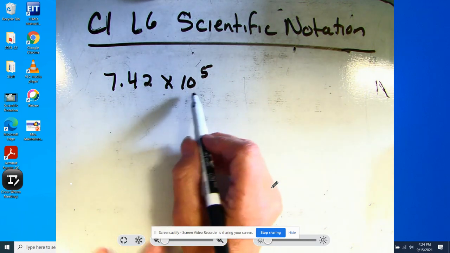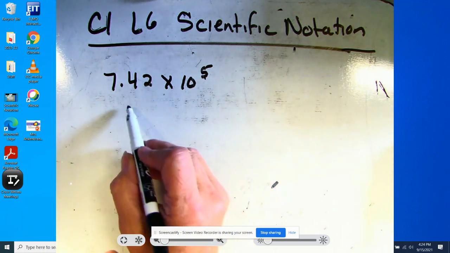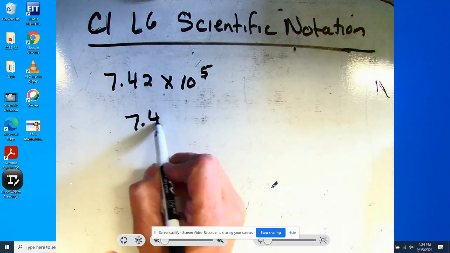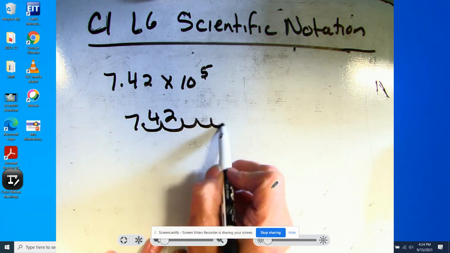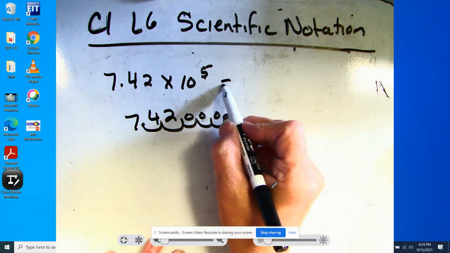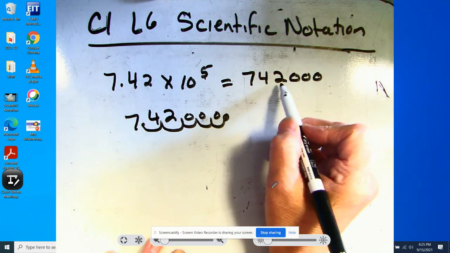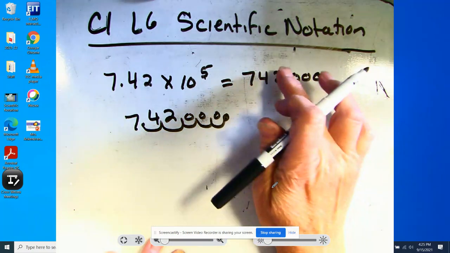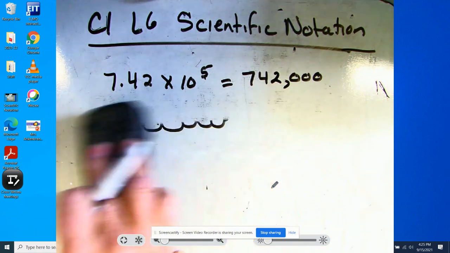This is telling me I'm going to take my decimal and I'm going to move it right 5 places. 7.42, move it right 1, 2, 3, 4, 5. That means I have 1, 2, 3 zeros. This would be 742 with 3 zeros. So 742,000. Okay?